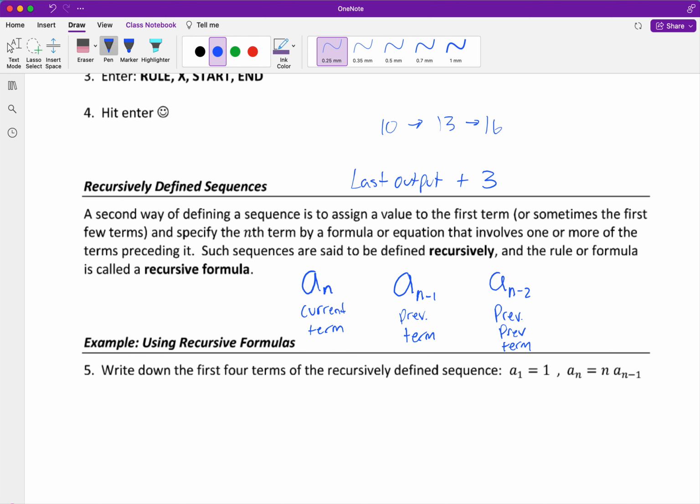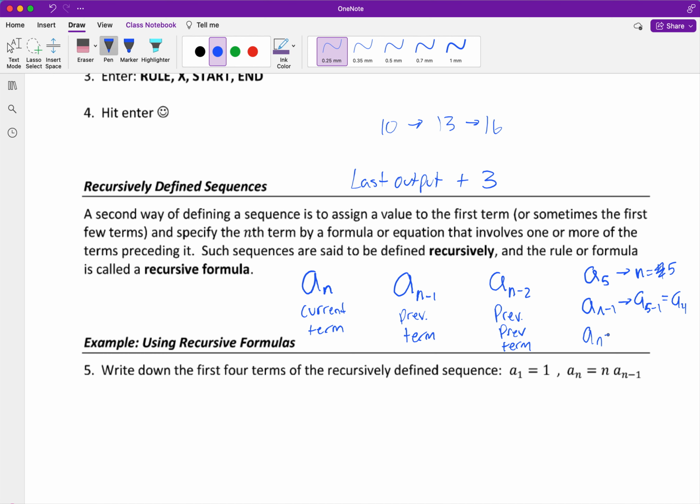And what I'm basically doing here is saying if A5 is me saying that n equals 5, then if I do a sub n minus 1, that's going to be, why did I write 4 here when I wanted to write 5? Man, my brain is not working right now. Apologies. If n was 5 here, then a sub n minus 1 is going to be 5 minus 1, which is going to be A4, the previous term.